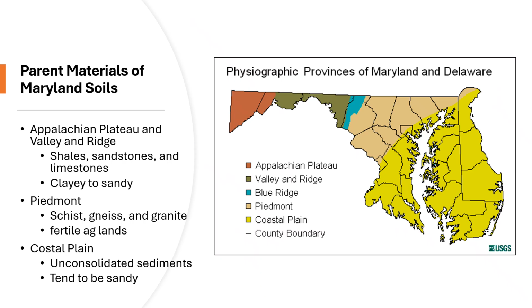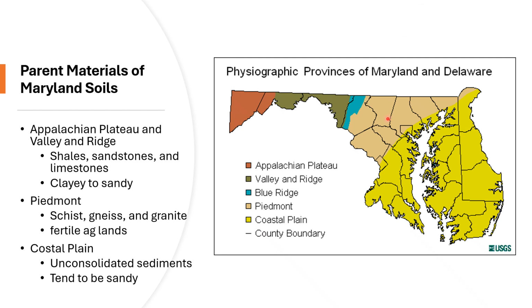As you learned in dendrology, let's think about Maryland's major regions. First, let's group the Appalachian Plateau and the Valley and Ridge in western Maryland. Here you'll find soils formed from shales, sandstones, and limestones, leading to very different soil properties depending on the specific bedrock. Soils from shale can be heavy and clayey, while those from sandstone will be very sandy.